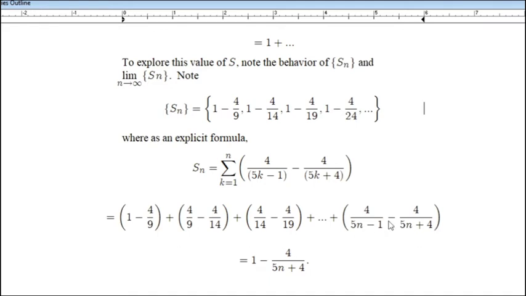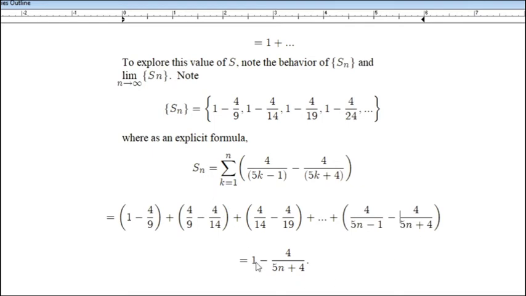Now, what we will see in that pattern along the way is that these quantities in between the very first term and the very last term in this argument for S sub n would cancel. Minus 4/9 canceling with positive 4/9, minus 4/14 canceling with positive 4/14, minus 4/19 canceling with positive 4/19, and that pattern continuing all the way up to this quantity of 4/5 times n minus 1 canceling with a minus 4/5 n minus 1 in what would be the previous term. What would remain then is just this minus 4/5 n plus 4.